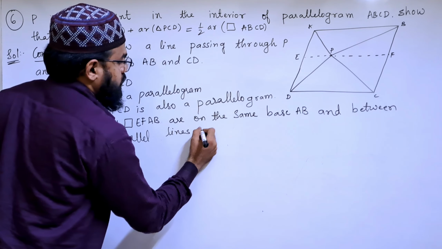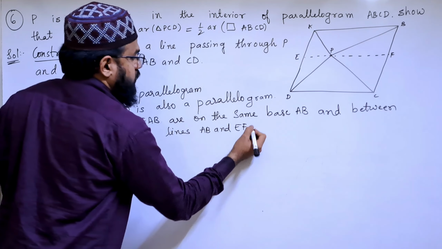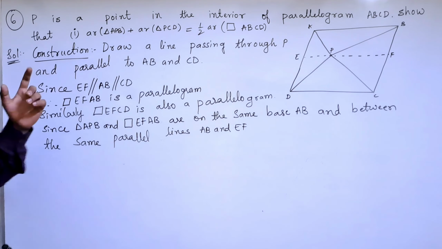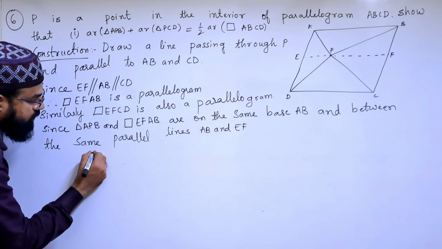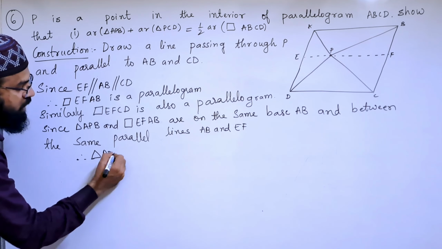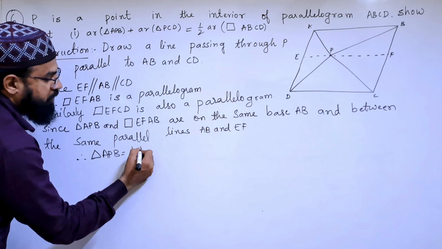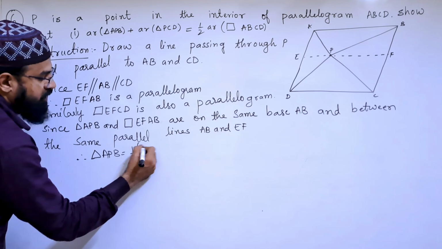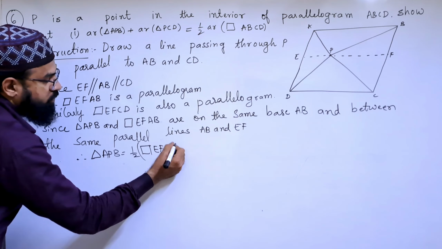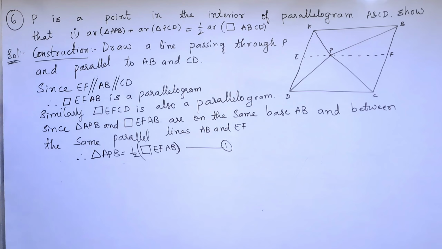So what are the lines? AB and EF. So between the same parallel lines, therefore the triangle APB is equal to half of the area of the quadrilateral EFAB. This is our first point or first equation.